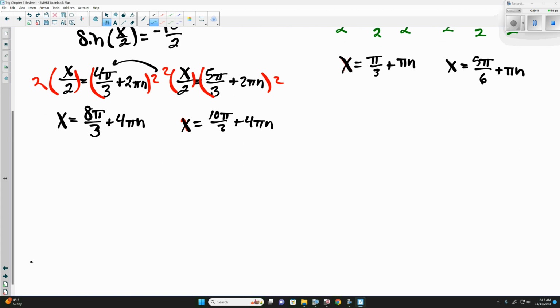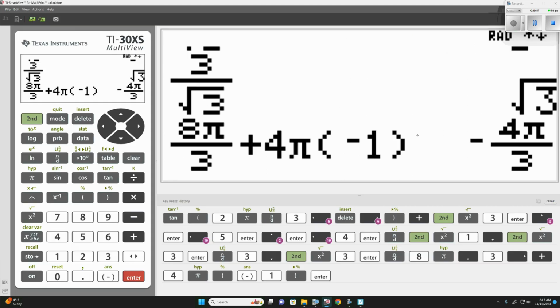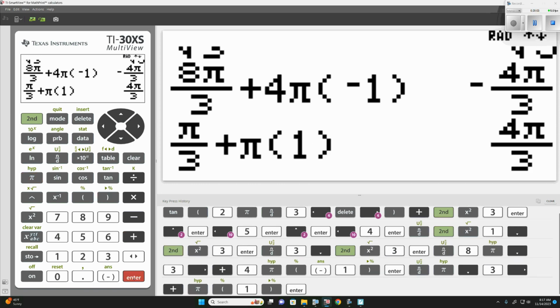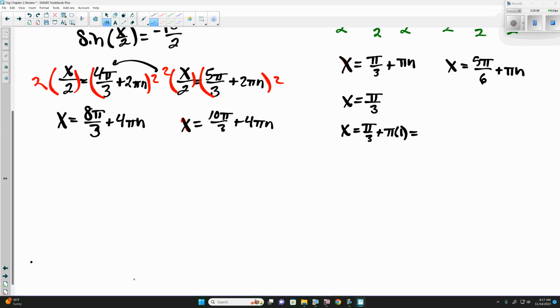Now for this one here, when n is 0, it's just going to tell us x is pi over 3. If n is 1, pi over 3 plus pi times 1, 4 pi over 3. And both of those work.